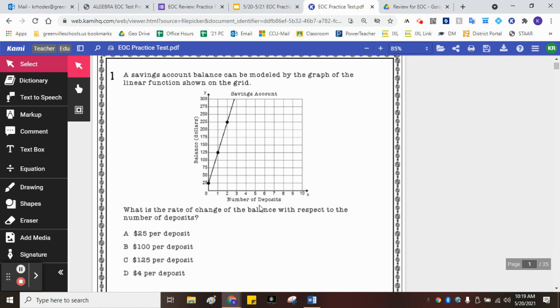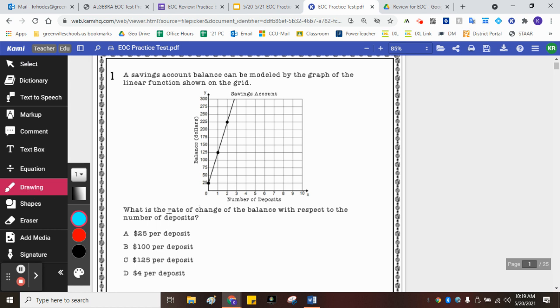The first one is saying this is your bank account, this line, the number of deposits, like how many times you put money in, and then how much money is in your bank account. What is the rate of change of the balance with respect to the number of deposits? Rate of change is the fancy words for slope.